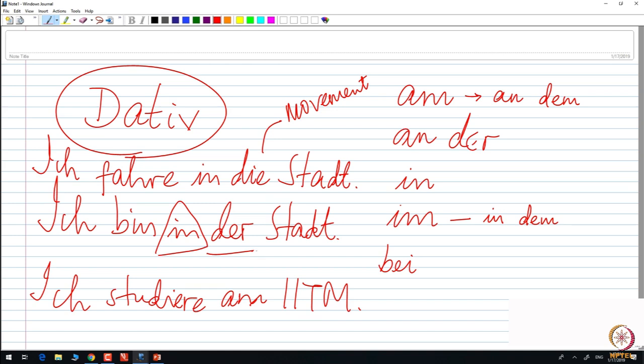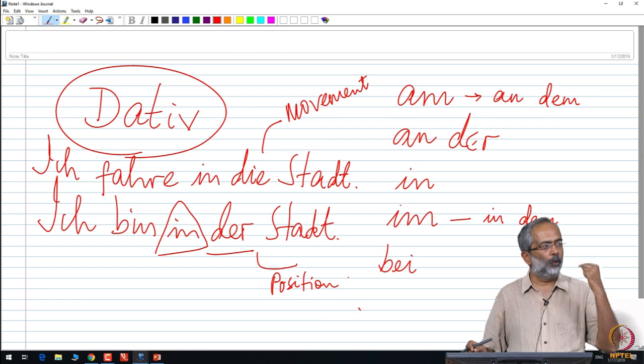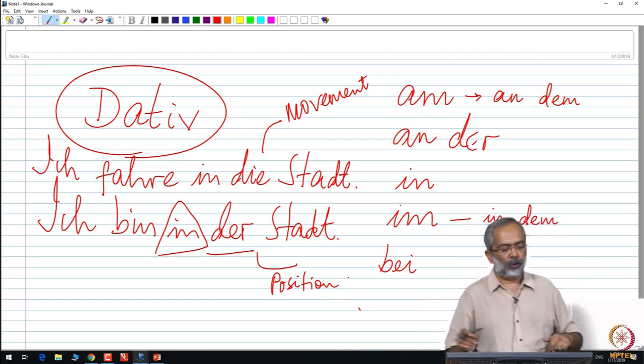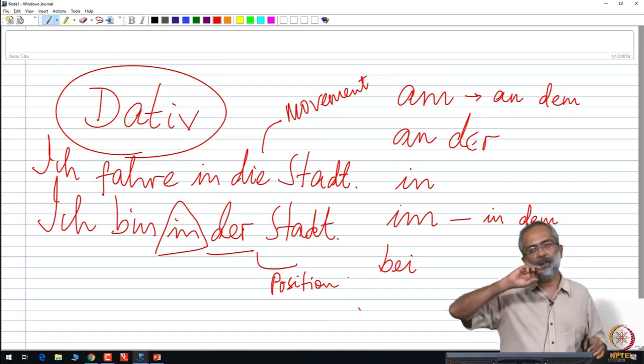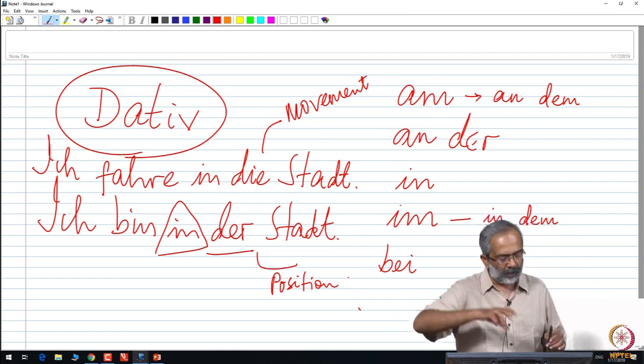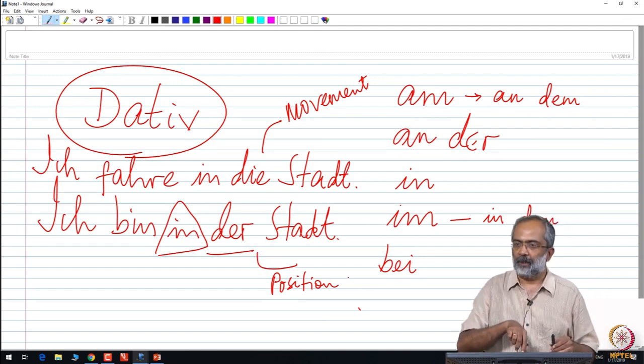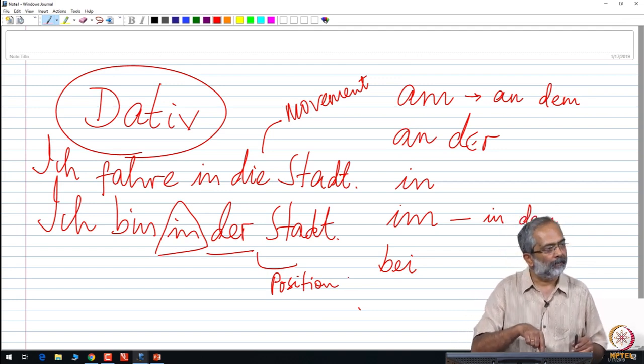The second sentence is, we will come back to this when we do prepositions in detail, there will be more examples, but I just wanted to tell you that now that we know the dative forms, what we see here is the use of a dative form, der Stadt, and it is happening because of in.